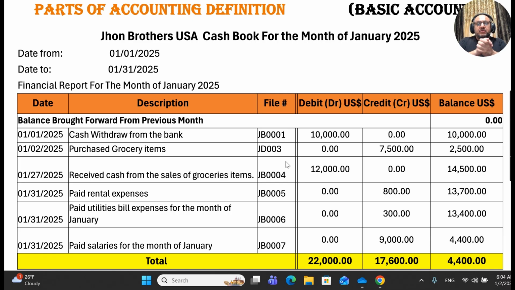For example, during 1 month we have 100 cash transactions. To separate them from the other accounts, we write down JB001 and make ledger accounts of it, whether they are debited or credited. So again, I would like to tell you, this is the left side: debit, debit, debit.